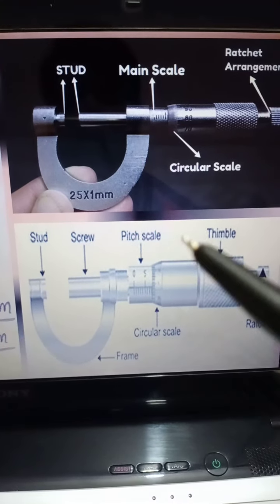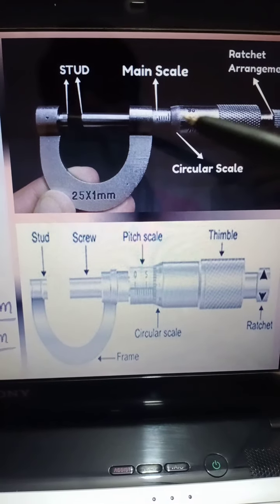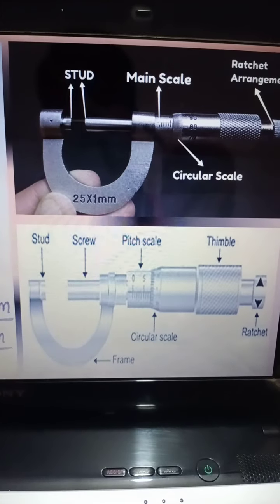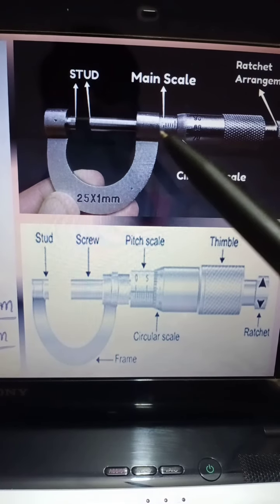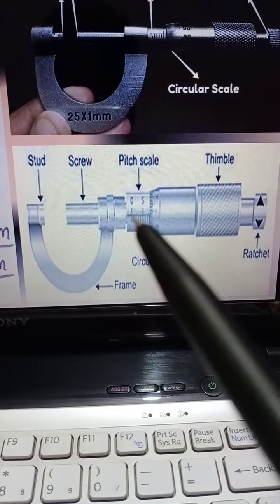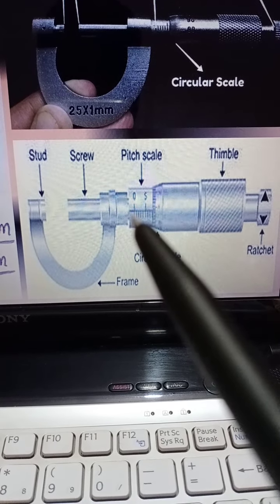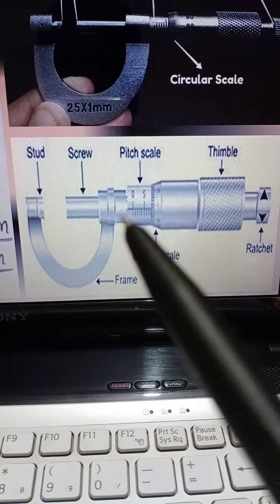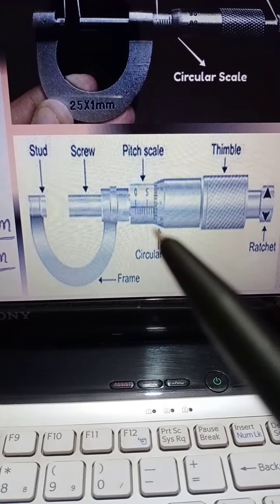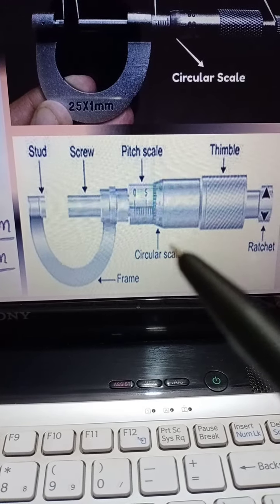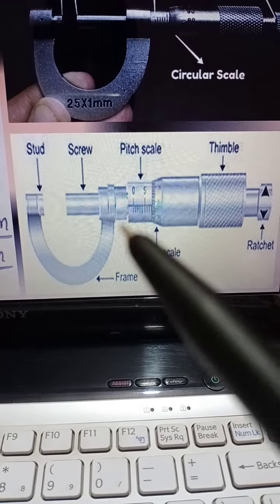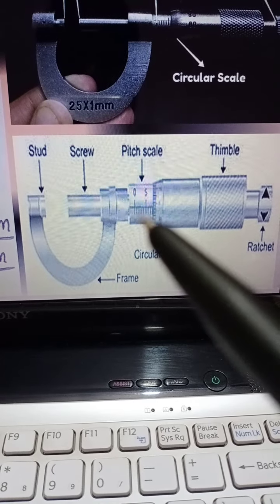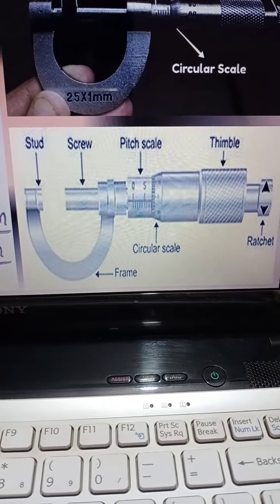So pitch means that when this circular scale rotates one time, how much shift occurs in this main scale. Here you can see the scale clearly, and the shift is given in mm. So when this circular scale or thimble rotates one time, the shift that occurs in the main scale gives the pitch of the screw gauge.